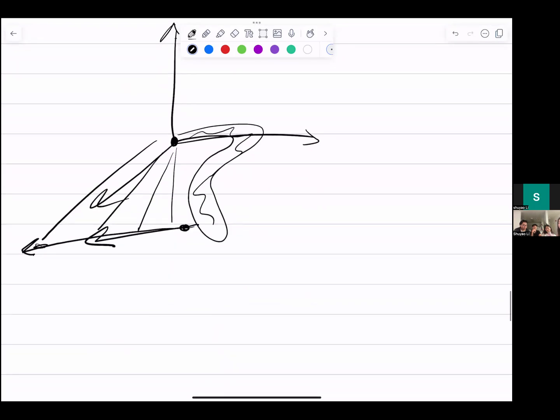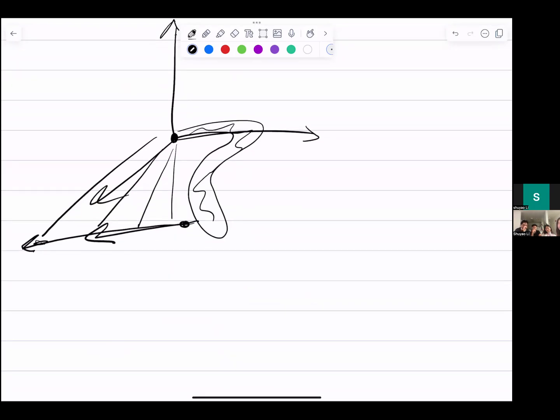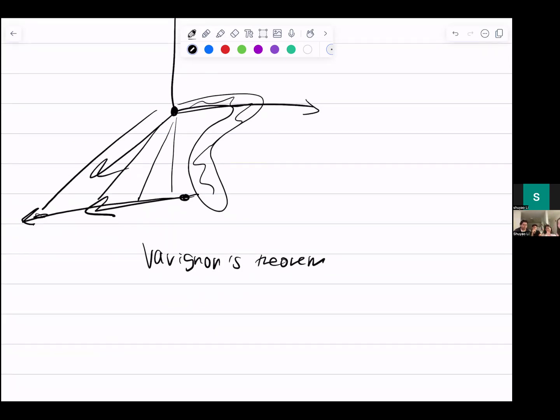Additionally, we can use the resultant, I don't know how to say it, but it's called this. This is just the principle where we can add up all the moments of concurrent forces.